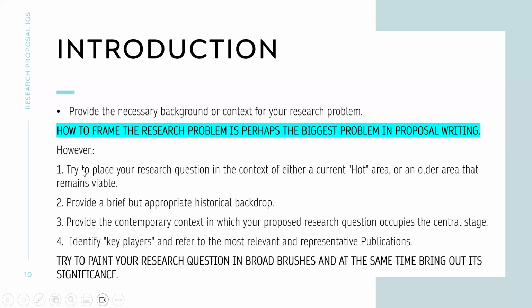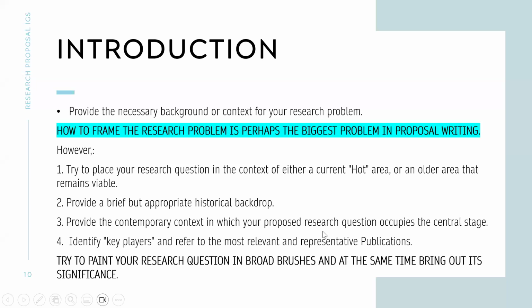Try to place your research question in the context of either the current hot area or an older area that remains viable, or you can provide a brief but appropriate historical backdrop. Provide the contemporary context in which your proposed research question occupies the central stage. Identify key players and refer to the most relevant and representative publications. Try to paint your research question in broad brushes and at the same time bring out its significance.